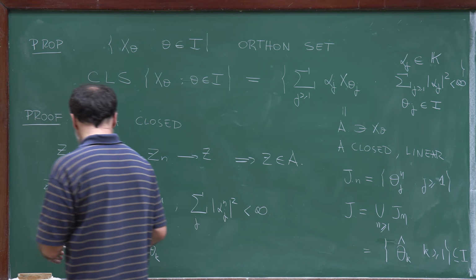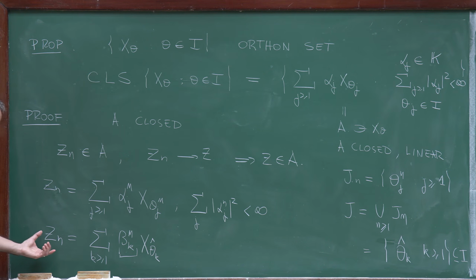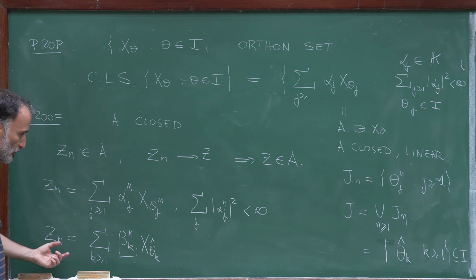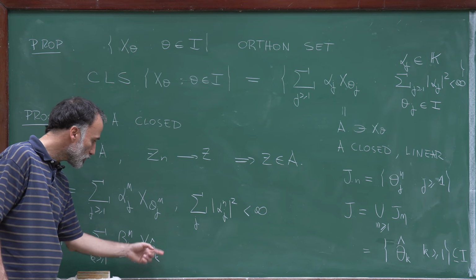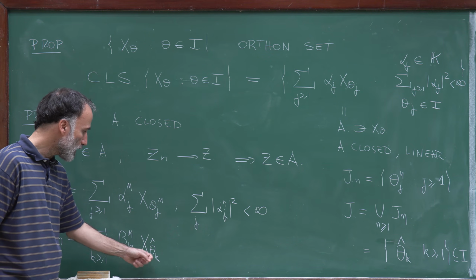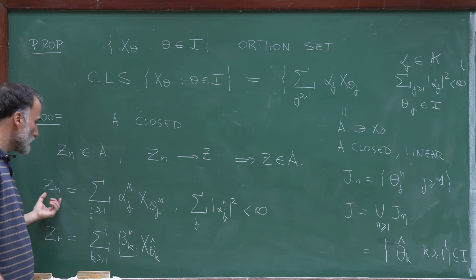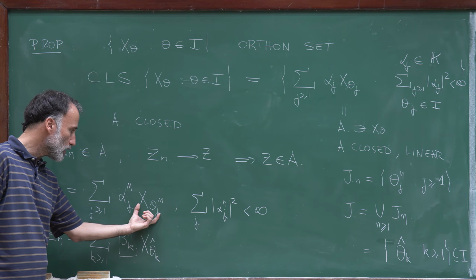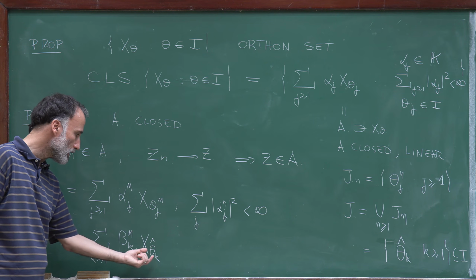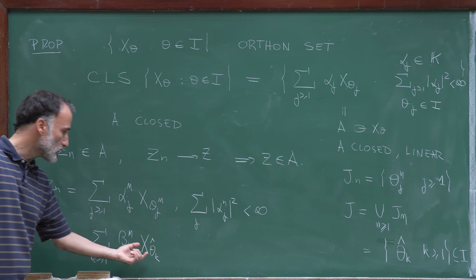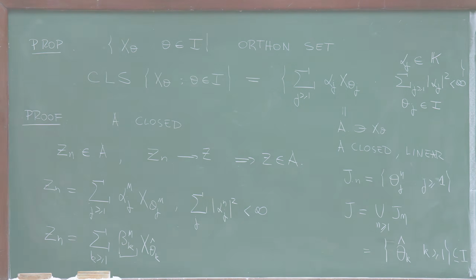This has the advantage that now I have all elements Zn represented with respect to the same countable family of x's, while in the previous one, for each n, I had a different family of indices theta n j. Now I have for all n the same family of indices.